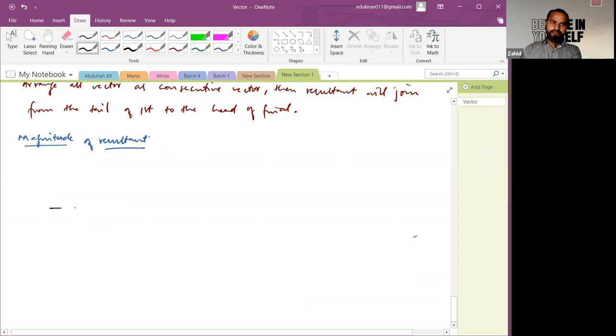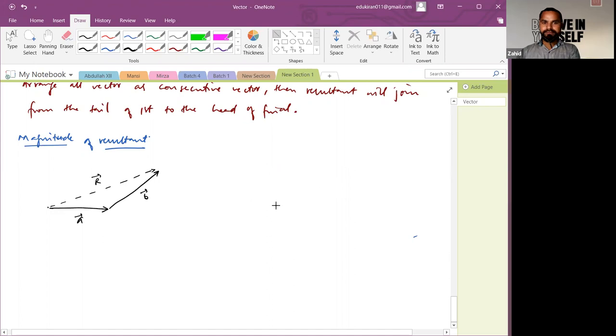Let's say this is vector A, this is vector B, and this is a resultant of A and B as R. We have to somehow define magnitude of this resultant.